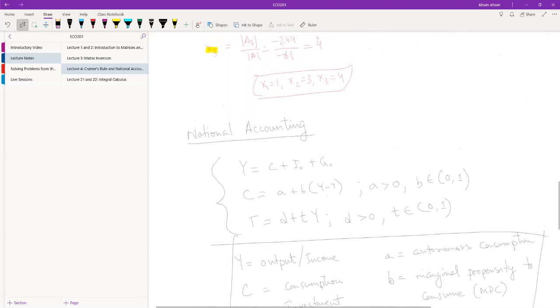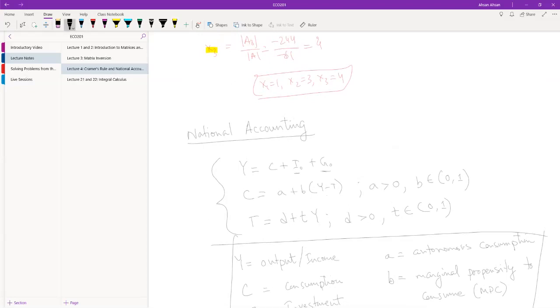From here, you see that y, c, and t are the endogenous variables that we have. These are the values that we can calculate from within the model.